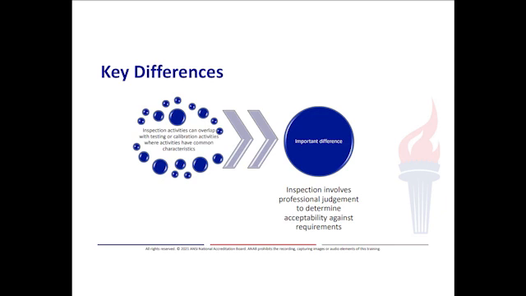The biggest difference is that with 17020, inspection involves the application of professional judgment on the part of the trained inspector to determine, is this acceptable against the requirements that have been stated. That's a key difference. With testing or with dimensional, you have clearly defined acceptance or rejection criteria. That's not the case with inspection. It focuses heavily on the professional judgment of the inspector.